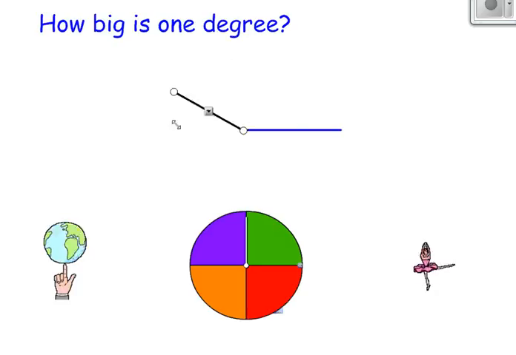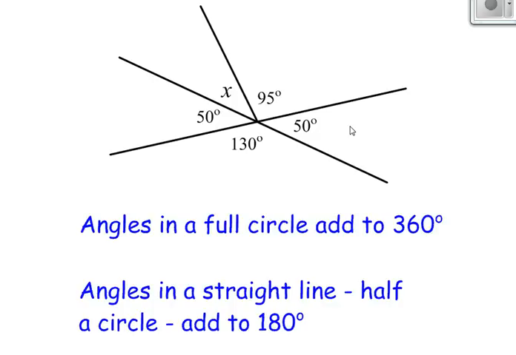So what we know is that angles in a full circle add to 360 degrees, and angles in a straight line, meaning half a circle, add to 180 degrees. So you should be able to solve for x, and you have several different options as to how you do that. So one option is to pick a starting point and say, if I go from here all the way around, I've gone a full circle.